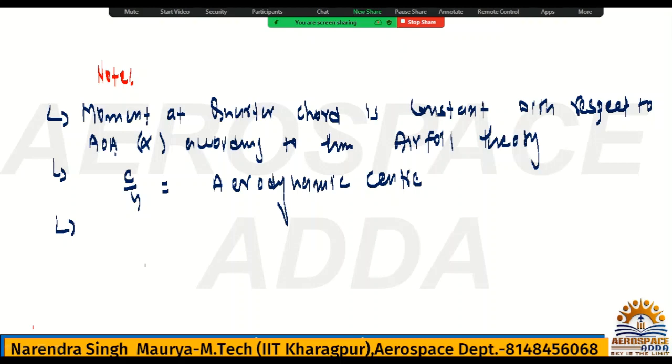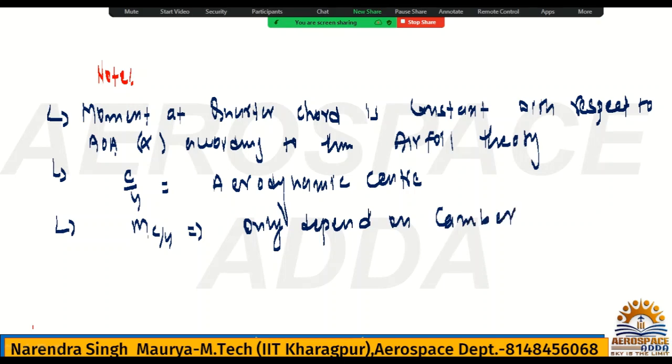All right, M c by 4 only depends on camber. It will not depend on angle of attack, it will depend on the camber of the airfoil. If it is a cambered airfoil, then moment will be there. If it is symmetric airfoil or thin airfoil, then moment will be 0. Let me write this point also: M c by 4 is 0 for symmetric airfoil.